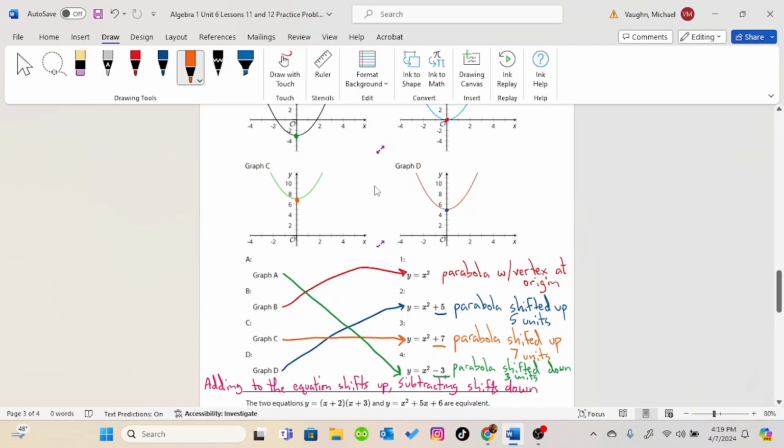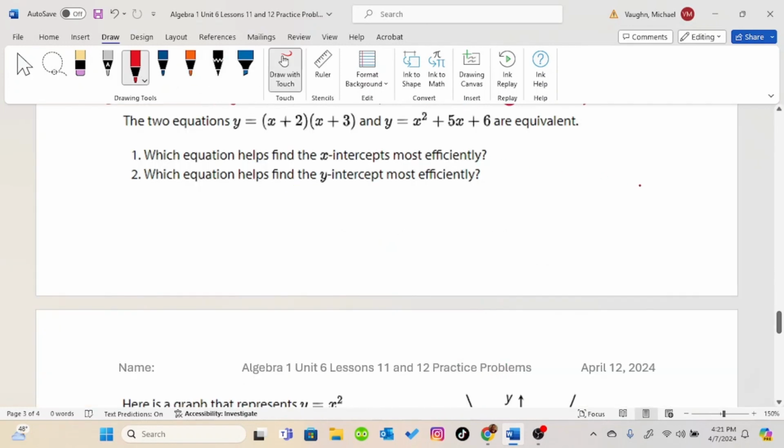The two equations y equals (x plus 2) times (x plus 3) and y equals x squared plus 5x plus 6 are equivalent. Which equation helps find the x-intercepts most efficiently?